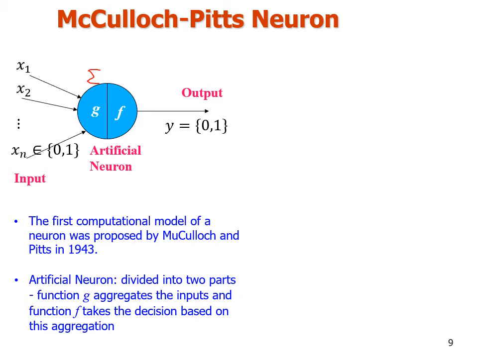Typically, this function f might be the thresholding function. So we may have a threshold. If g of x is greater than or equal to the threshold, then the function evaluates y as 1, otherwise 0. So we are having the output also as binary.